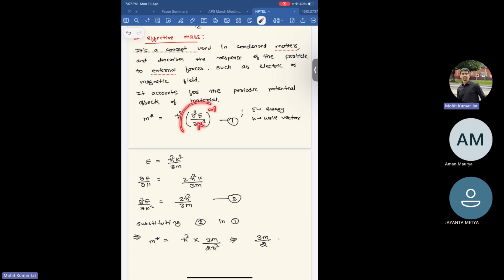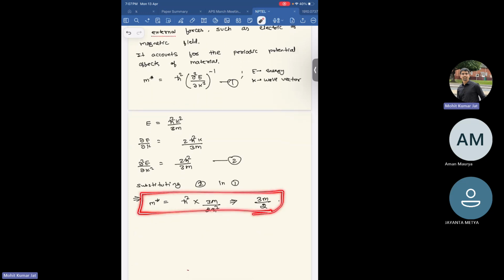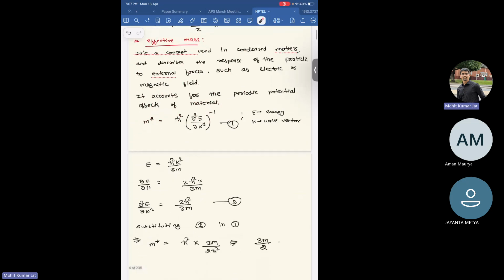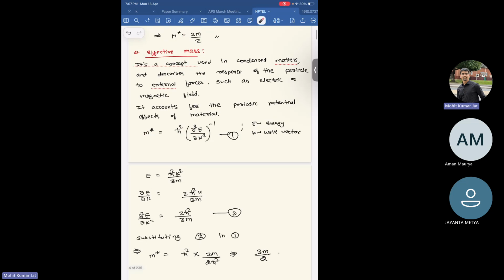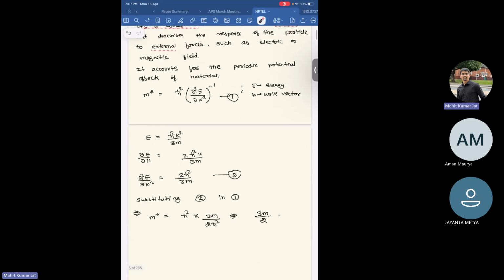If you do so, you get 3m by 2, which matches exactly with the one you calculated. But this shortcut works only when it is in terms of k square. If it were k cube, this method would not work. This is just for the intuition. The derivative formula is what will always govern you to derive the effective mass.